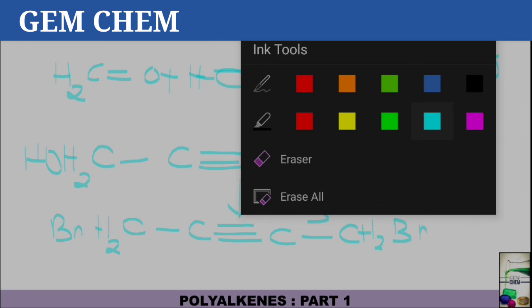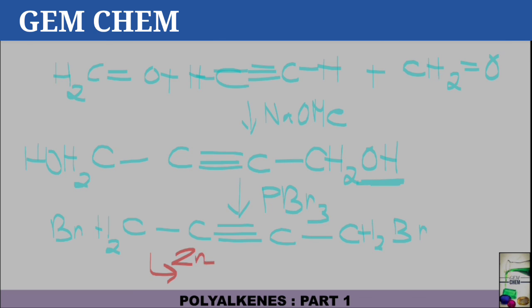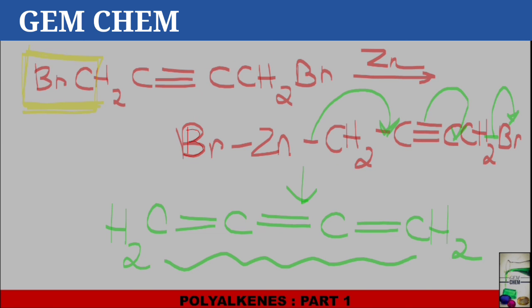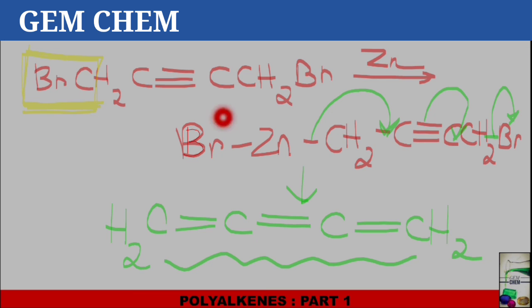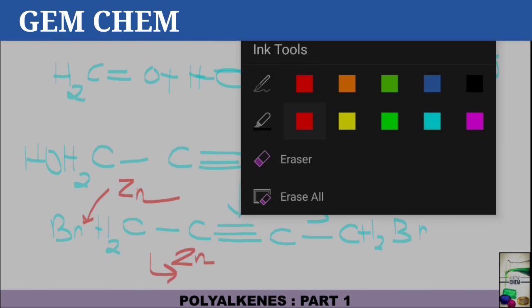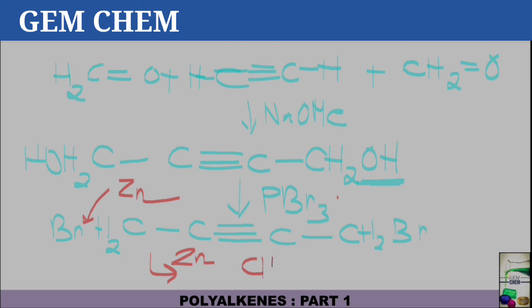If we add zinc to it, the final product is obtained, because zinc will insert in this part, and from here this will move away just like the previous reaction, but our starting material is different. We are obtaining the starting material from alkyne. So how to prepare this, if it is asked, you need to follow this path. In the same way we get our desired product CH2 double bond C double bond CH2.